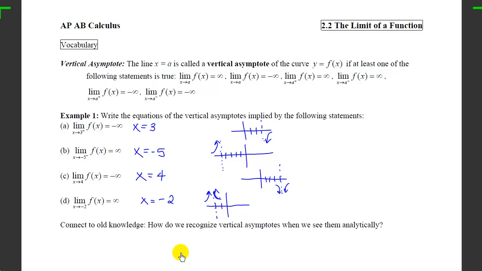So now the goal is, how are we going to recognize vertical asymptotes when we see them analytically? Well, this is one of the ways if we already know the infinities that are involved. But let's say I'm given a function f and I want to know where the vertical asymptotes are. Well, this is going to require that we remember things we did in Algebra 2 and in pre-calculus. So we got to think about when vertical asymptotes happened in those classes before we knew anything about limits.